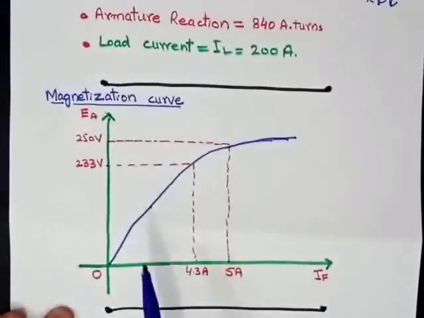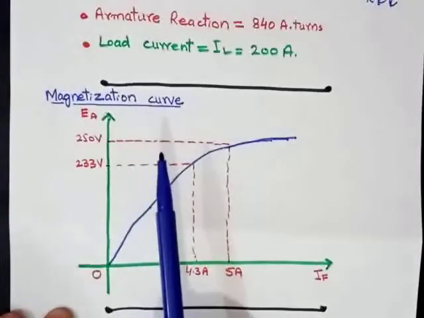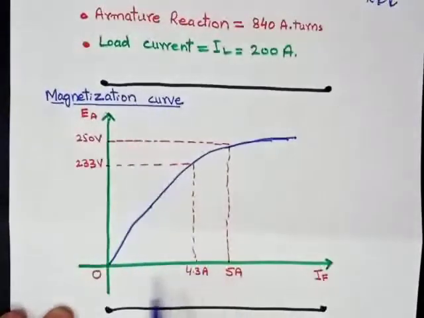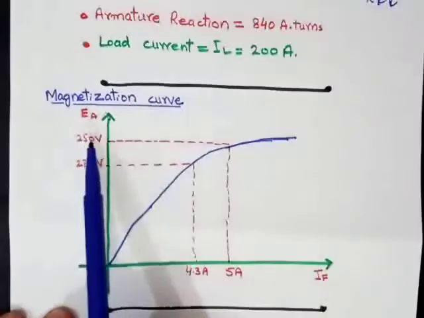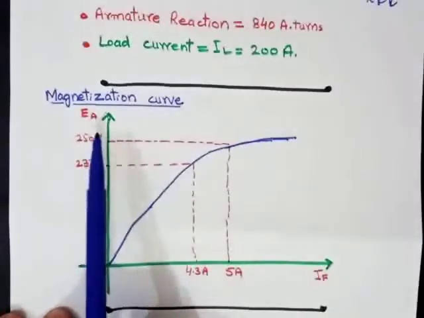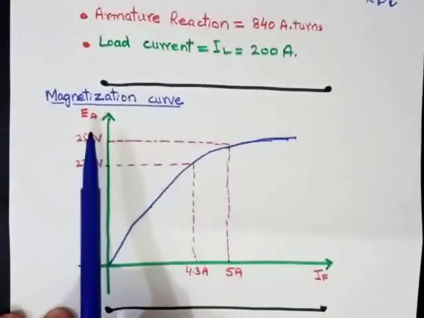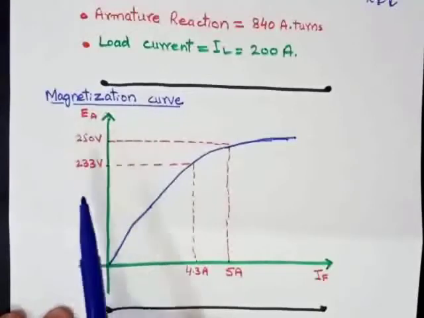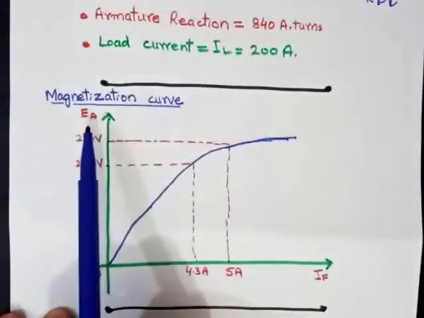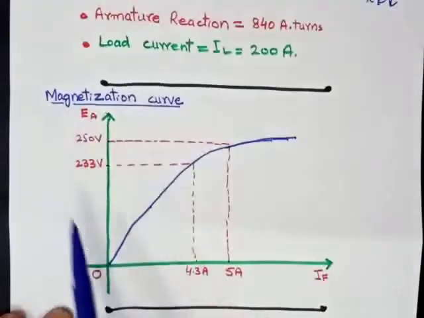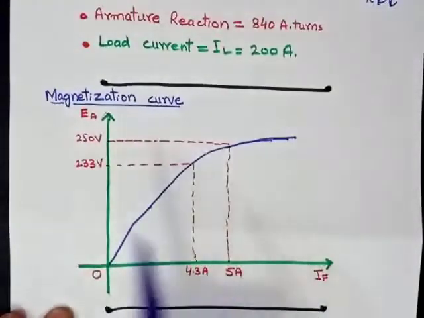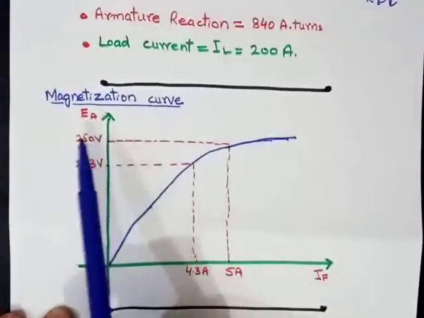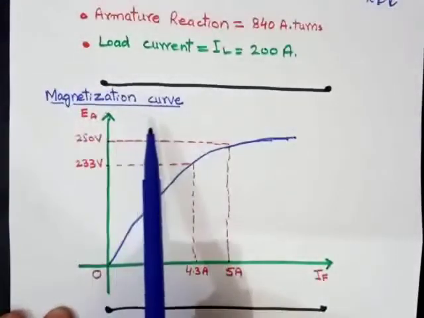The magnetization curve of this numerical is given here. This is the field current and this is the internal generated voltage. As we have already discussed, the plot between IF and EA is called the magnetization curve.